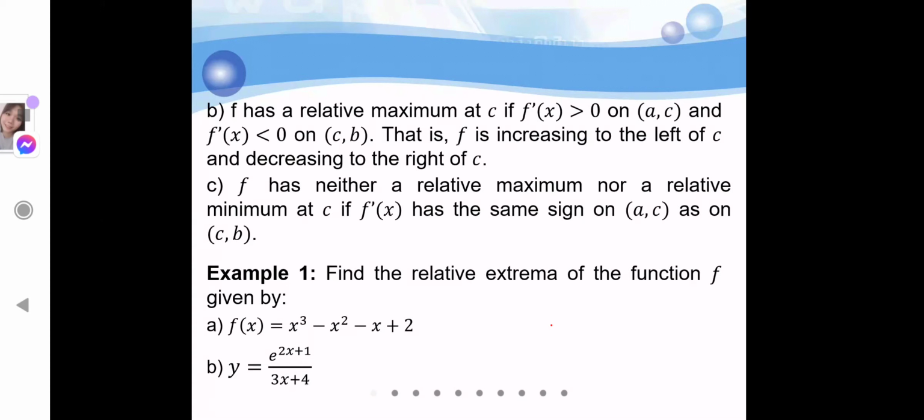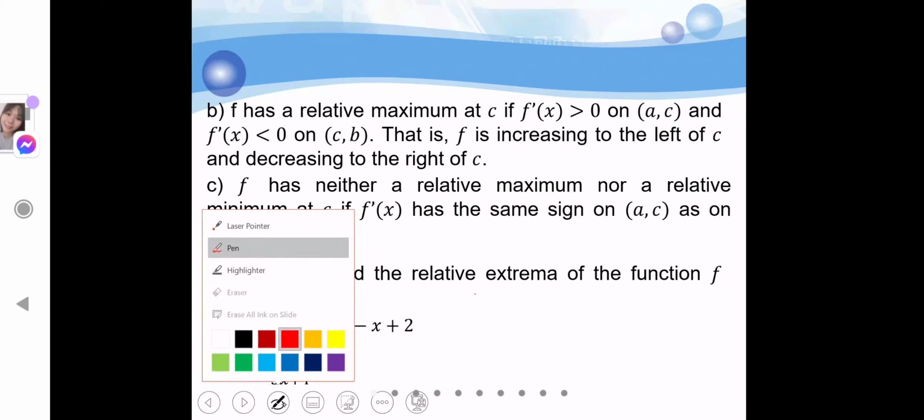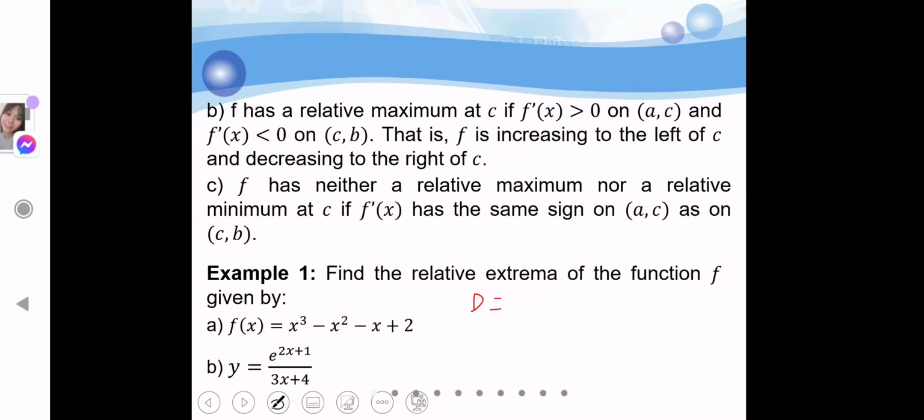What is the domain of the question A? Domain. The first step, you need to find the domain.